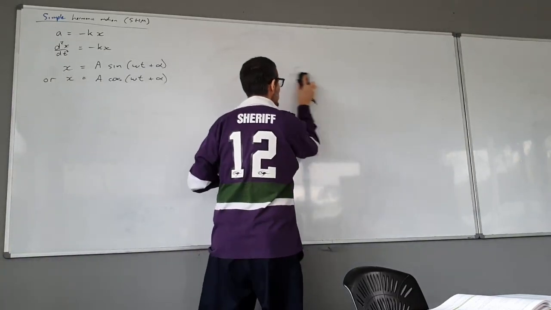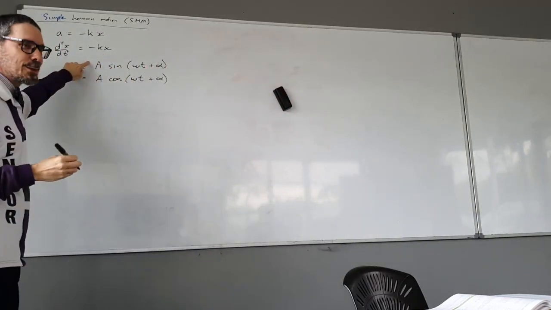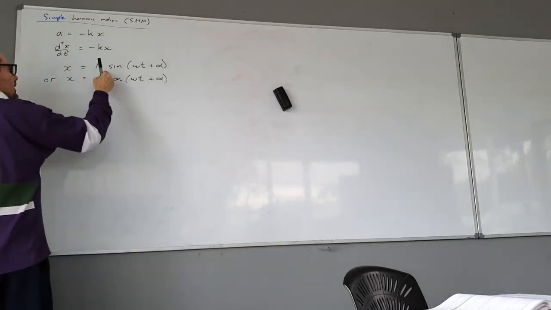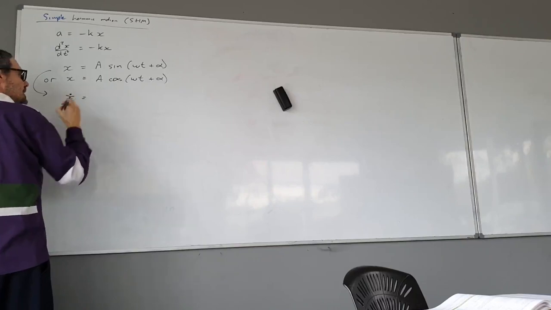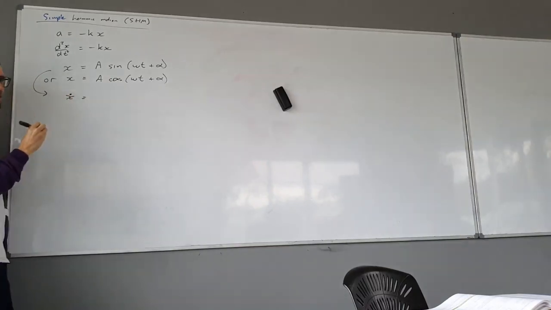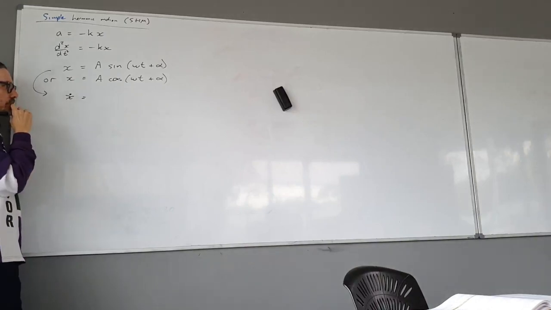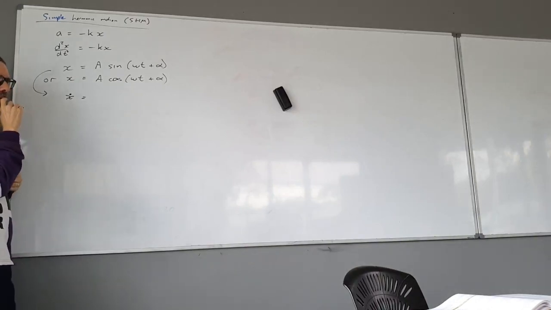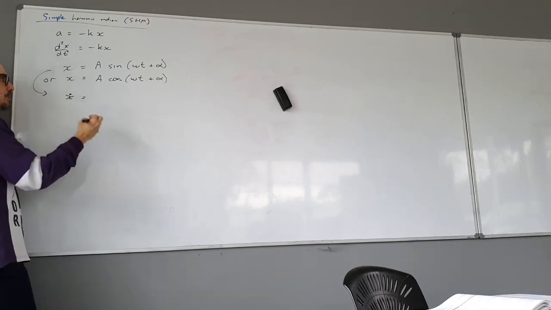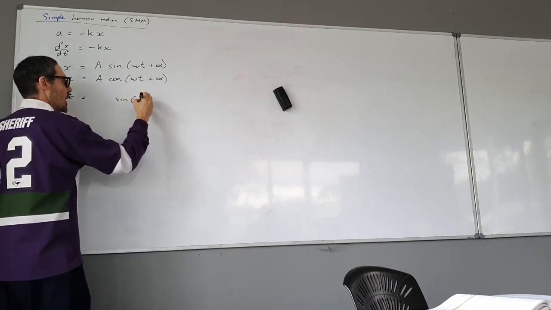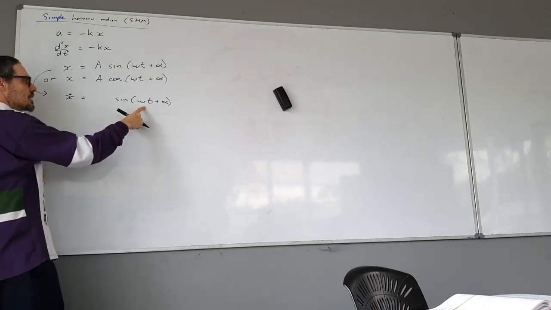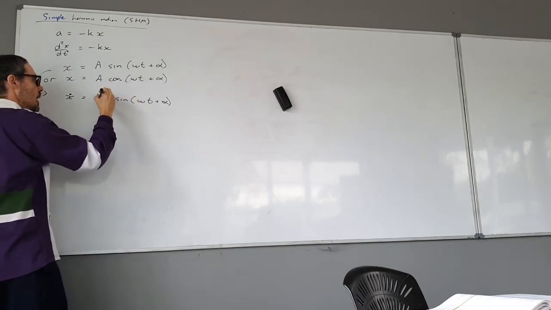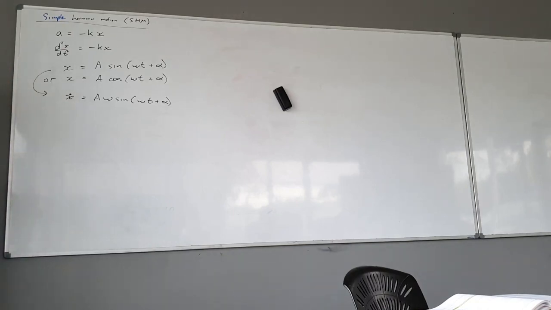So what happens if I take my sine? I'm just going to do the sine; the same thing happens with cos. If I take the sine, then x dot, remember dx/dt, is going to be what? What's my first derivative? Chain rule. The inside doesn't change, then I multiply by that omega.